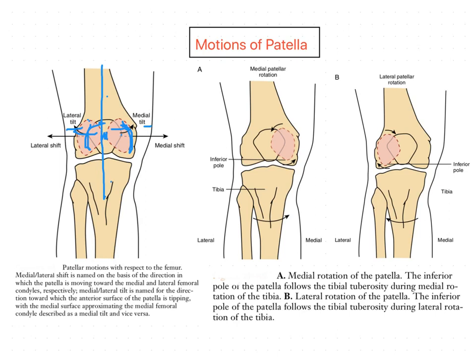Patellar tilt is also dictated somewhat by the asymmetrical nature of the femoral condyles. For instance, the more anteriorly protruding lateral femoral condyle forces the anterior surface of the patella to tilt medially during much of knee flexion.